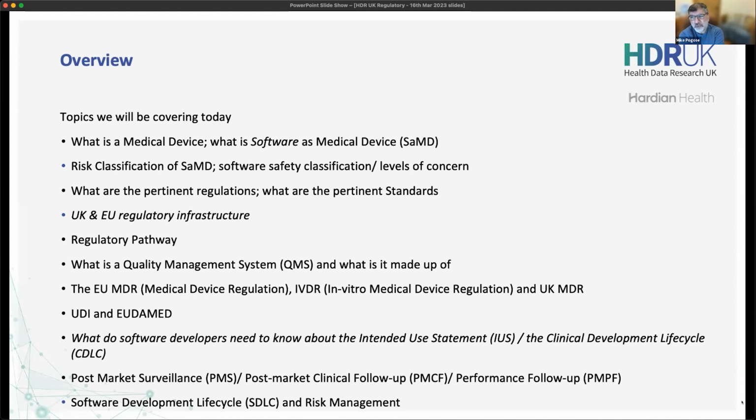Particularly with software, for some reasons we'll go into, what we call the software development life cycle and the parallel clinical development life cycle are very much in lockstep, and really for success, you need to see it that way. You need to see it holistically.